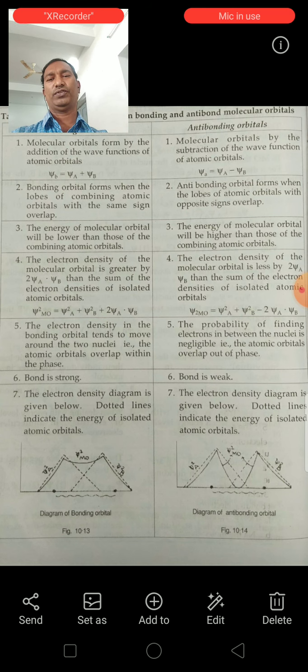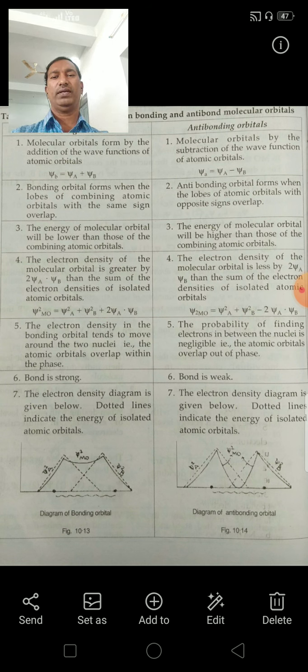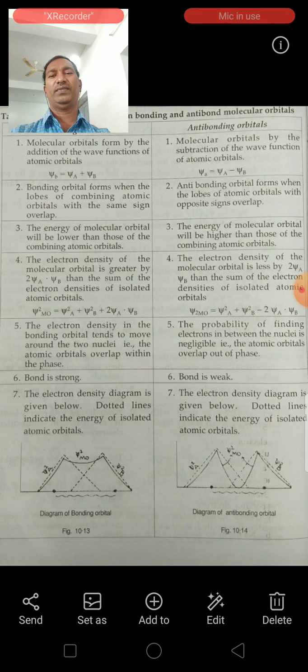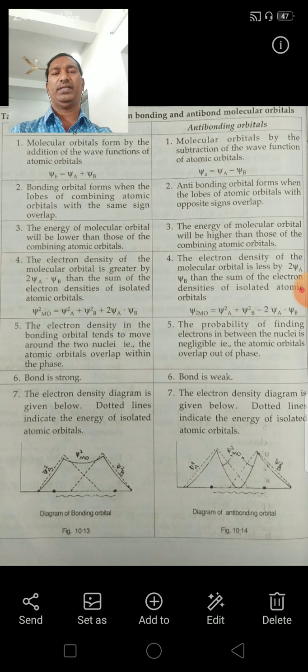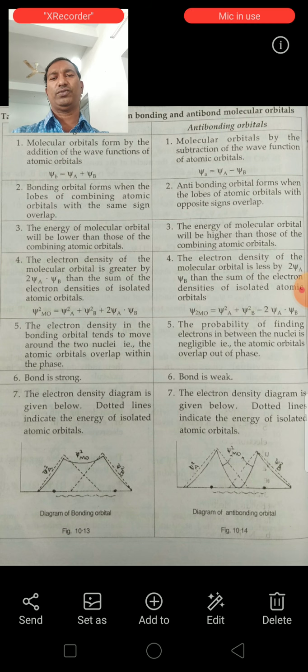Therefore, psi MO squared is equal to psi A squared plus psi B squared plus 2 psi A psi B.